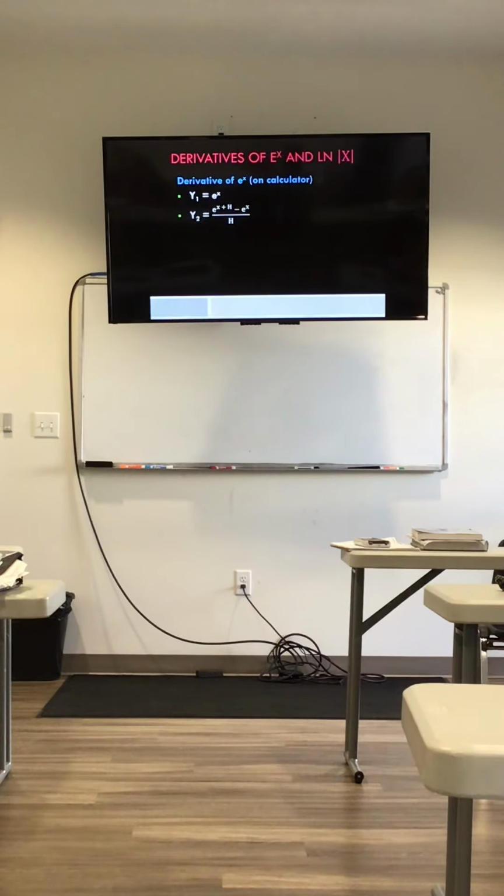So e to the x. Okay, and I needed you to do one thing, and I forgot this. Arrow all the way back to the left-hand side of y2. I need you to insert a parenthesis at the beginning because there are 2 things in the numerator. So arrow all the way back to the beginning of y2. Then hit your insert key, that's above the delete key.